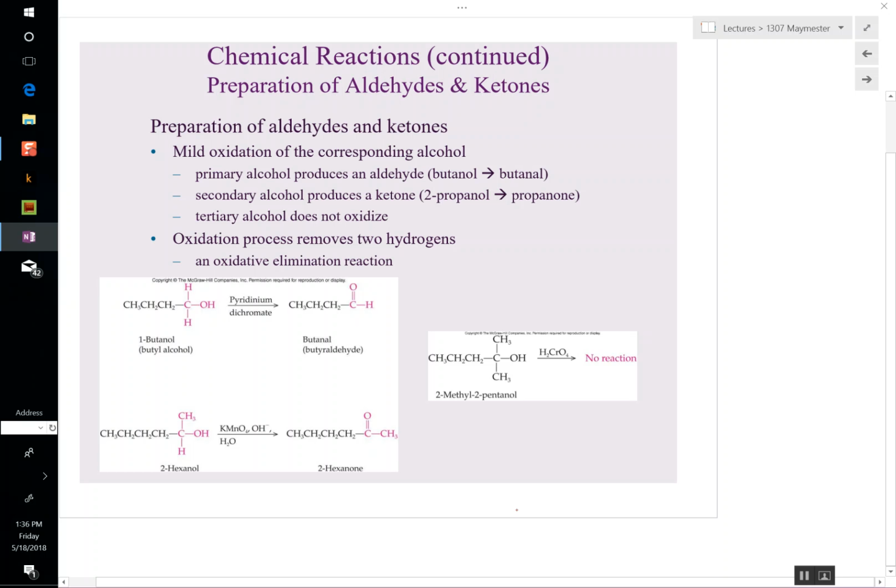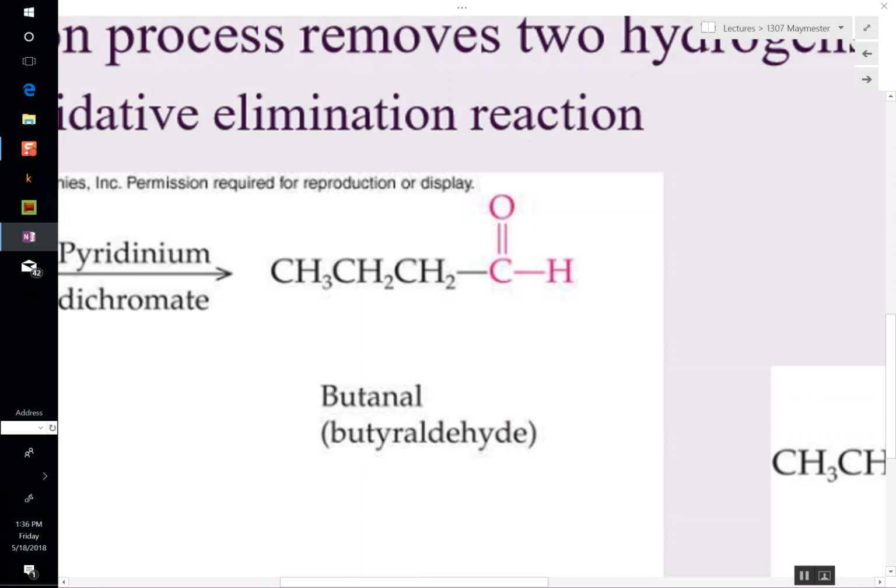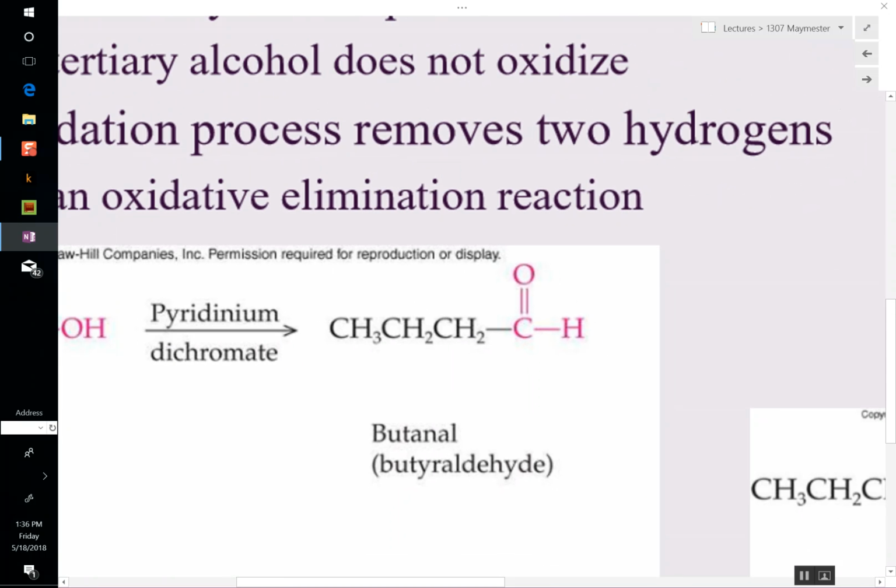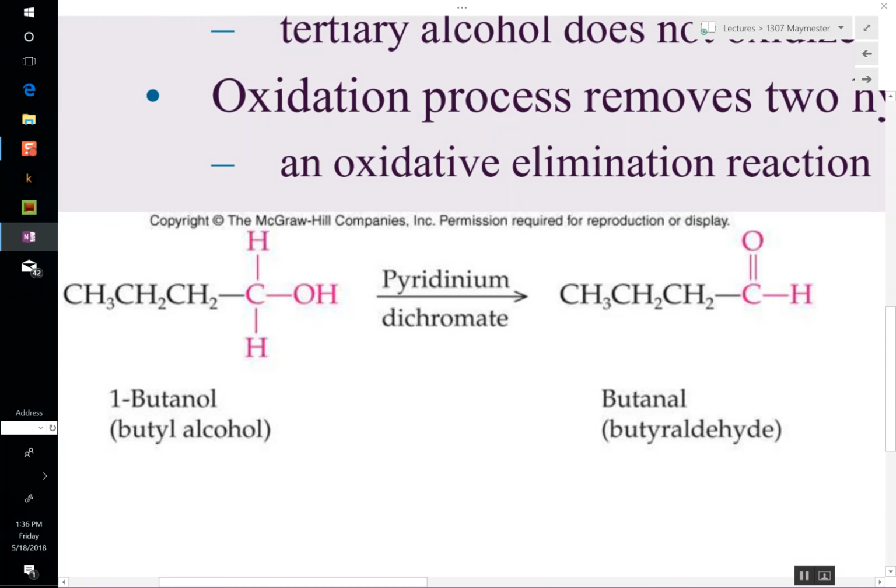Let's just see if we can make that a little bit bigger. Too big. Okay? So just keep this in mind. In a lot of these reactions, the oxygen isn't moving. Whatever carbon it started on, that's where it should end on. Don't give me another molecule with the oxygen.